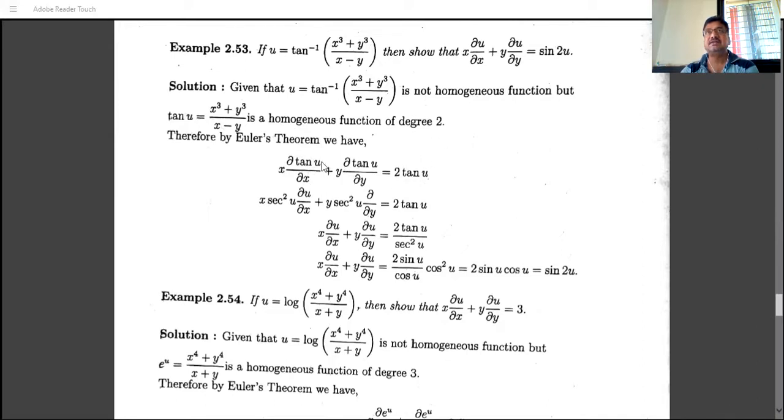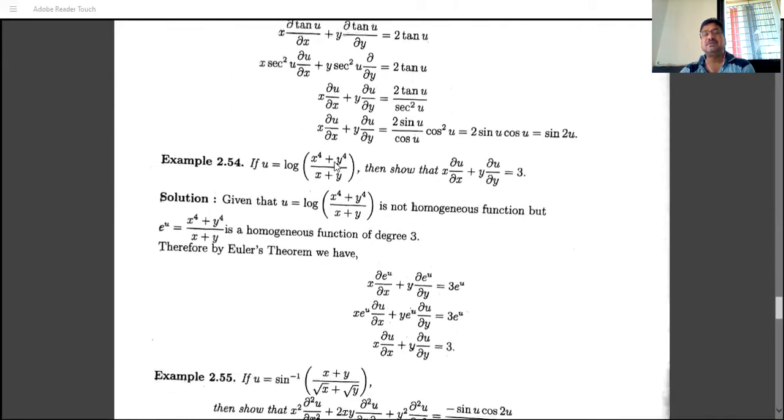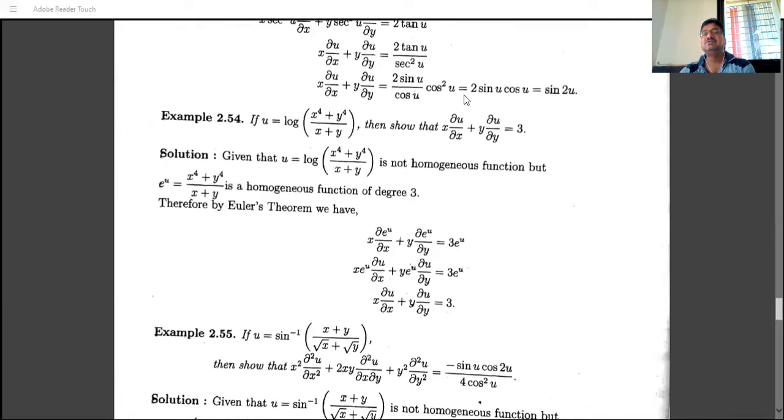Then substitute z as tan u directly, and then x ∂/∂x of tan u is sec square u ∂u/∂x, y ∂/∂y of tan u is sec square u ∂u/∂y, because this tan u is a function of u. So we change into ∂u/∂y, 2 tan u, then divided by sec square u. We have this answer, that is 2 sin u cos u, that is sin 2u. Already this problem is covered in the previous lecture.